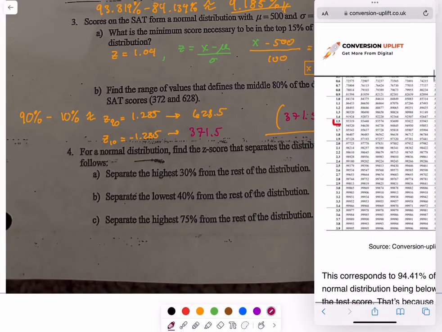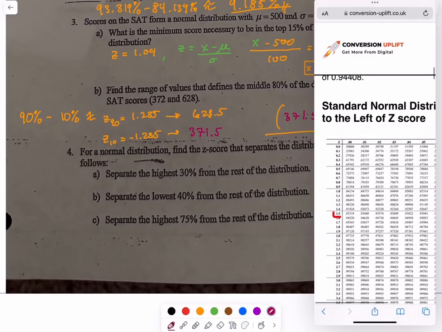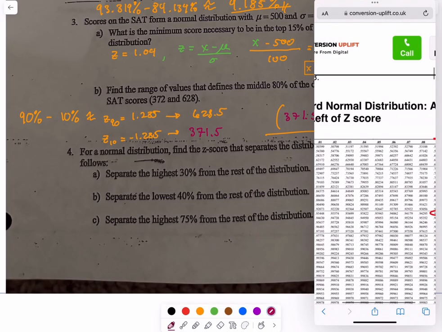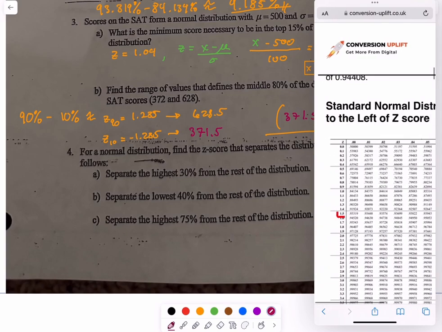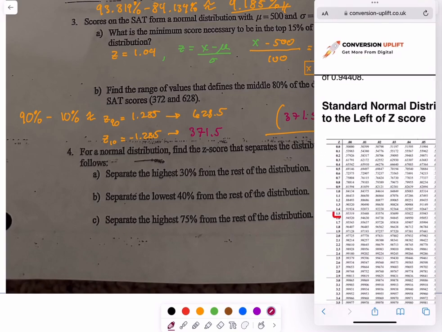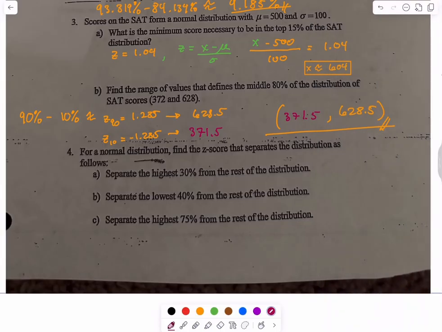So on this positive z-score chart at 70, it looks like it's going to be about 0.5 something. 70 is right there. So 0.525. So here I'm getting a z-score of 0.525. Yeah, that's good.